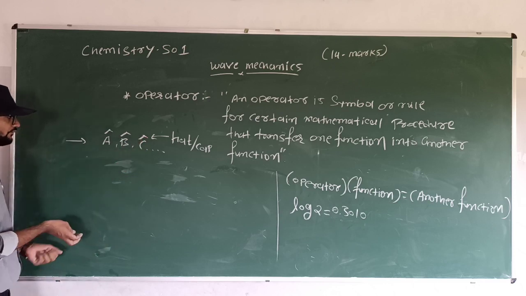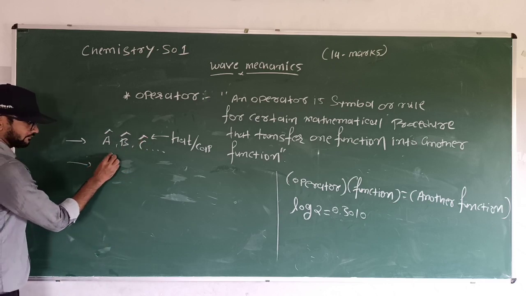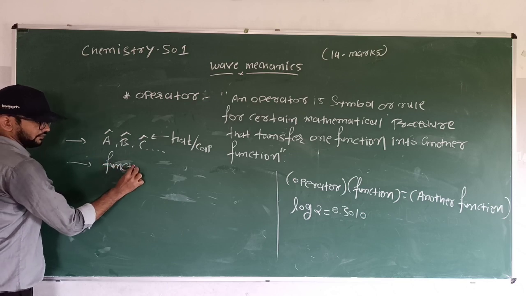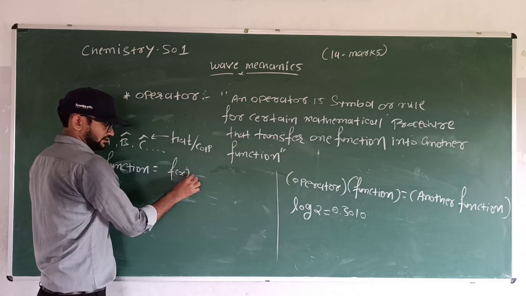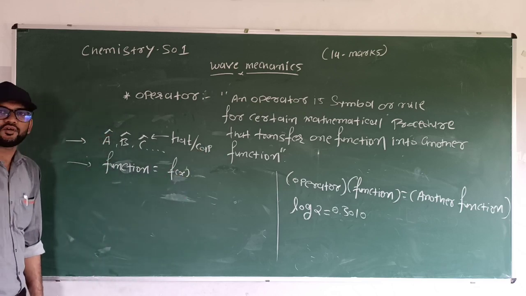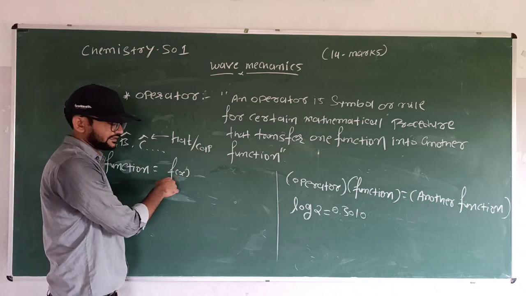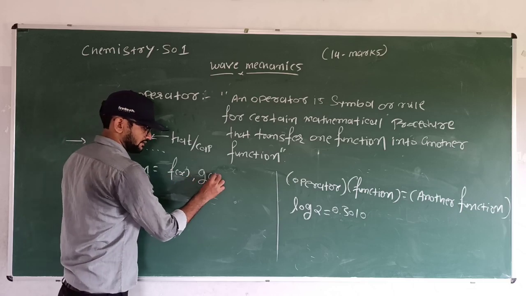And the symbol used for denotation of a function is fx. Suppose there is one function, then fx. If two functions, then the first is fx and the second is gx.